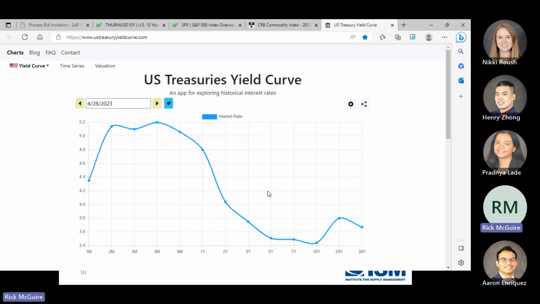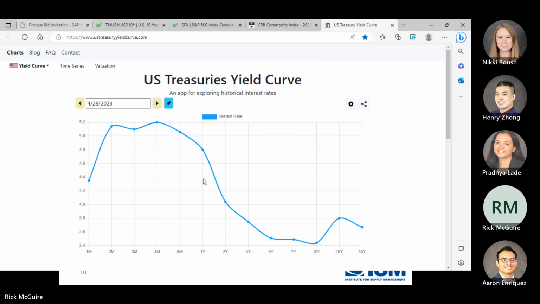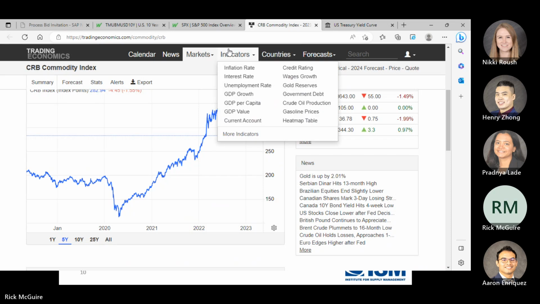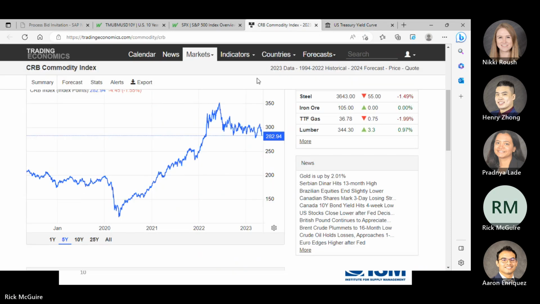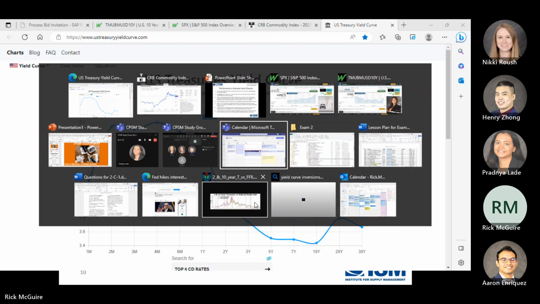So what that usually means is we've got a recession coming, but not always. So if we look at this, it's going to go like this.